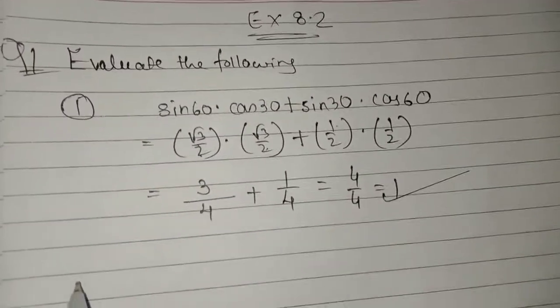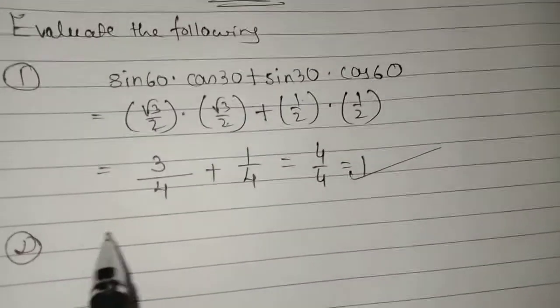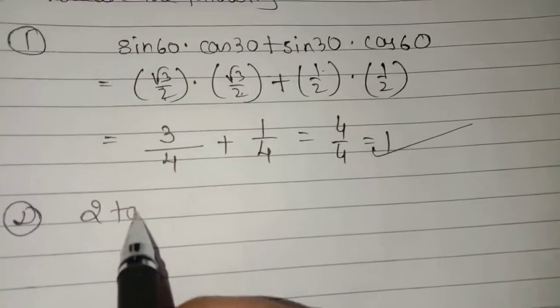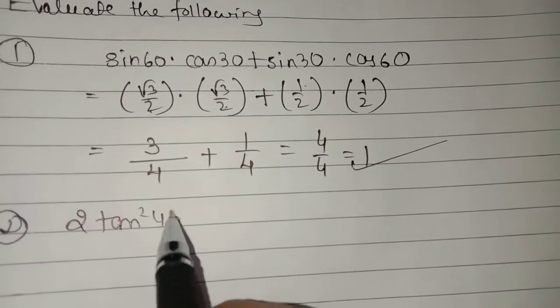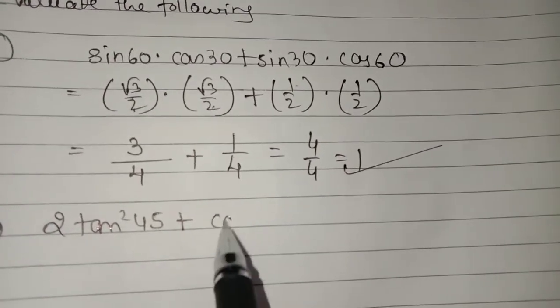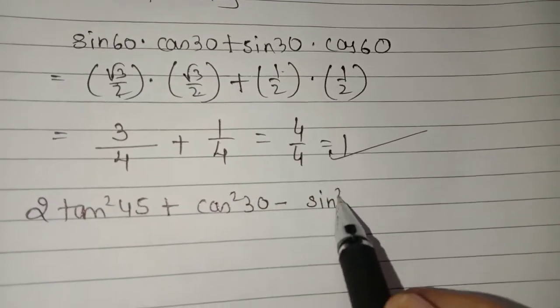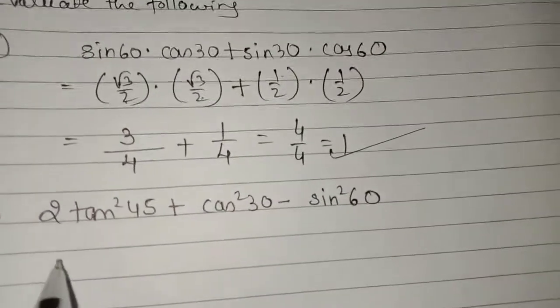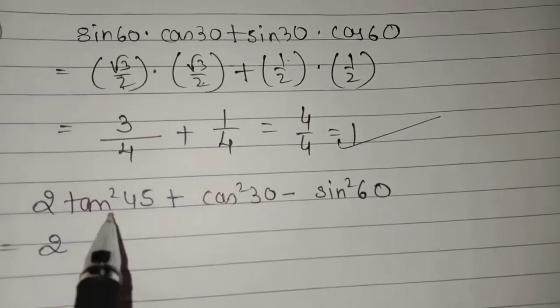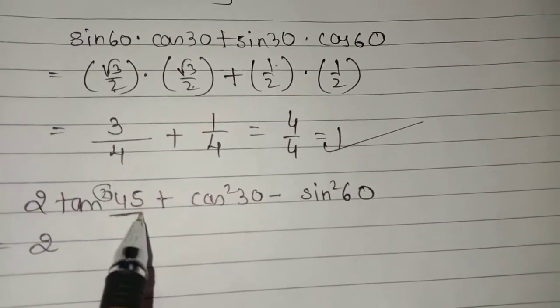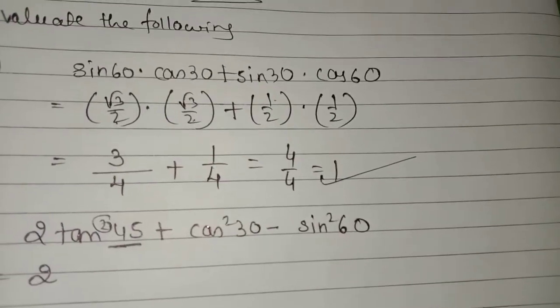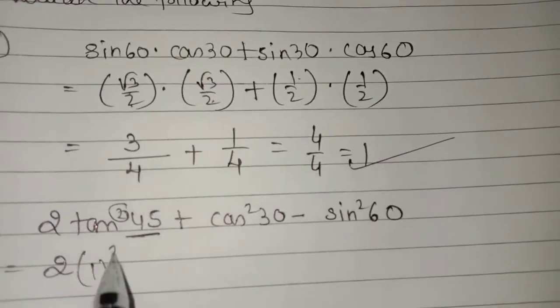Clear? One more I will solve for you till my time limit. It is 2 tan square 45 plus cos square 30 minus sin square 60. 2 tan square, see it is square, so whatever the value of tan 45, it will be squared. Okay, so it is what? 1 whole square.